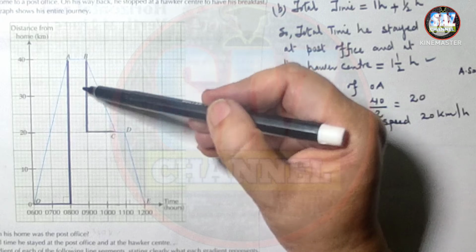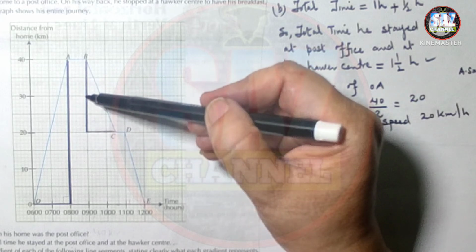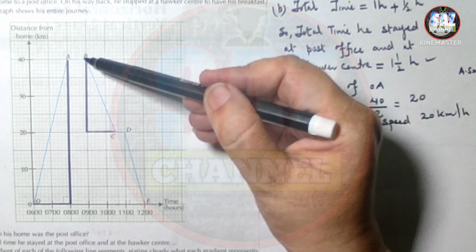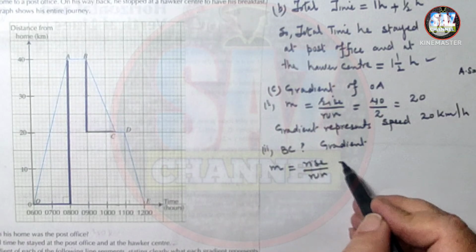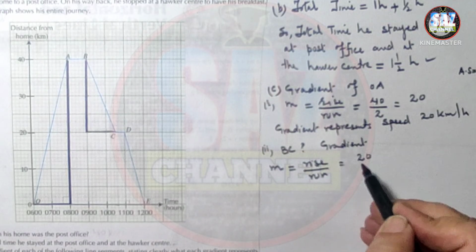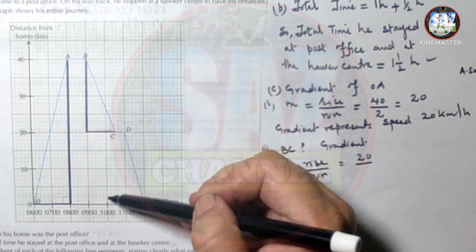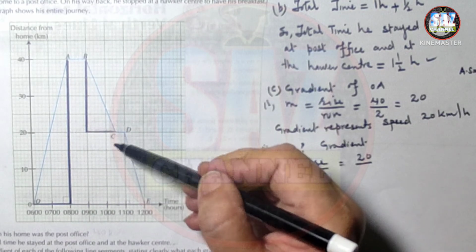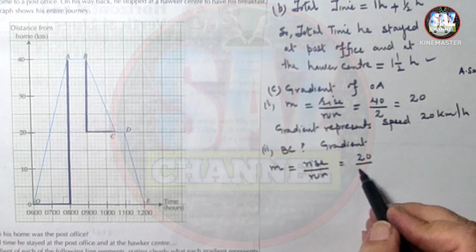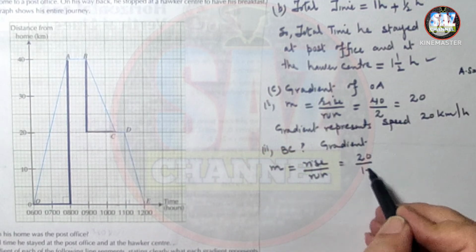Here we have 20 to 30, 10 units, and 30 to 40 again 10 units, so total 20 units on the rise side. And on the run side, from 9 to 10 is 1 hour, and it's right in between, so one whole and a half, or 3/2.